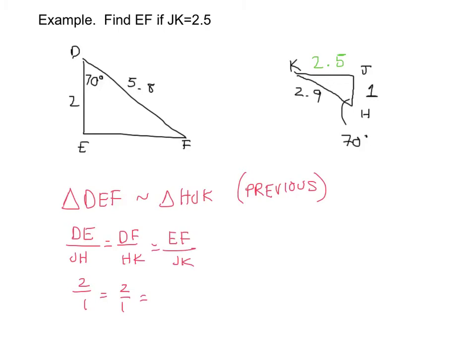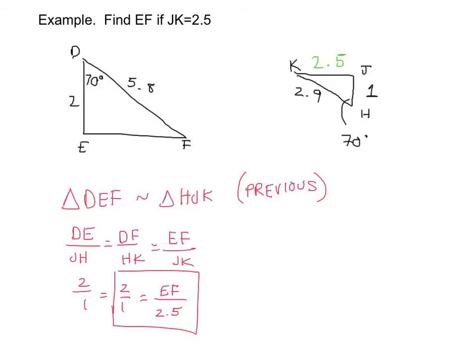Now we're dealing with EF and JK. We don't know what EF is, so let's leave it as EF, and JK is 2.5. Now we must solve for EF. We could look at the entire set of equal ratios, but it might be easier to just look at the two right next to each other.